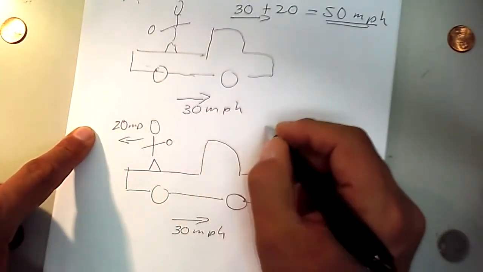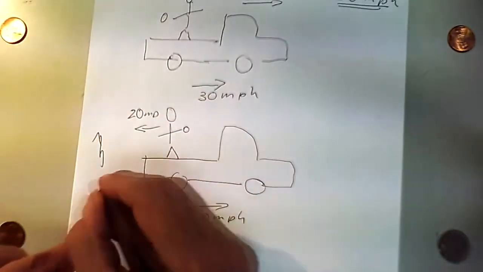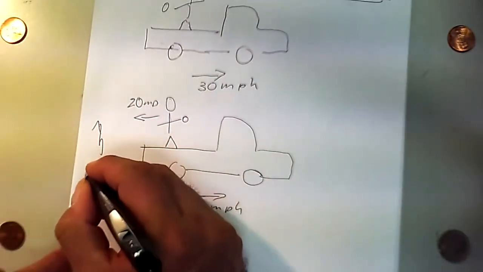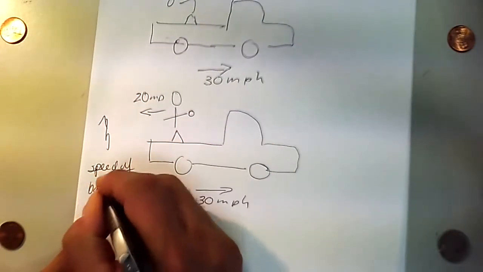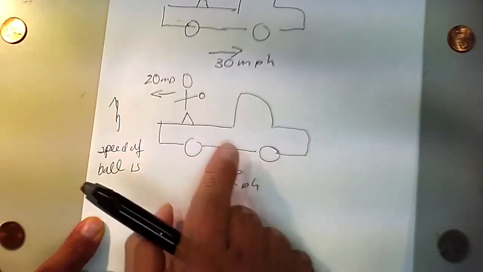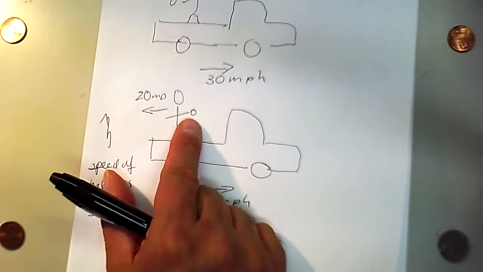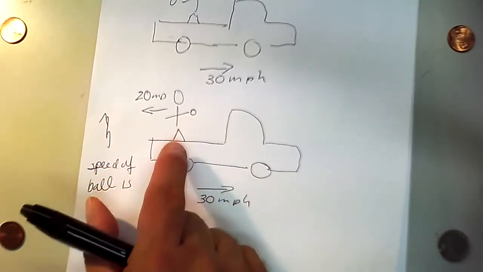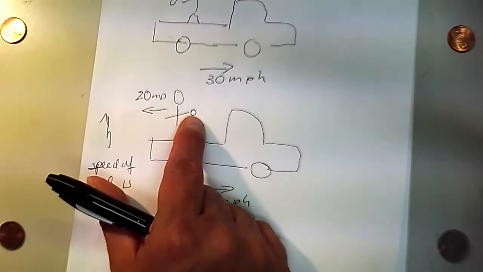So the net velocity of the ball, or the speed of the ball, is 30 going forward. See, if you're just holding the ball in your hand, as the truck goes forward, the ball is already going at 30 miles per hour.